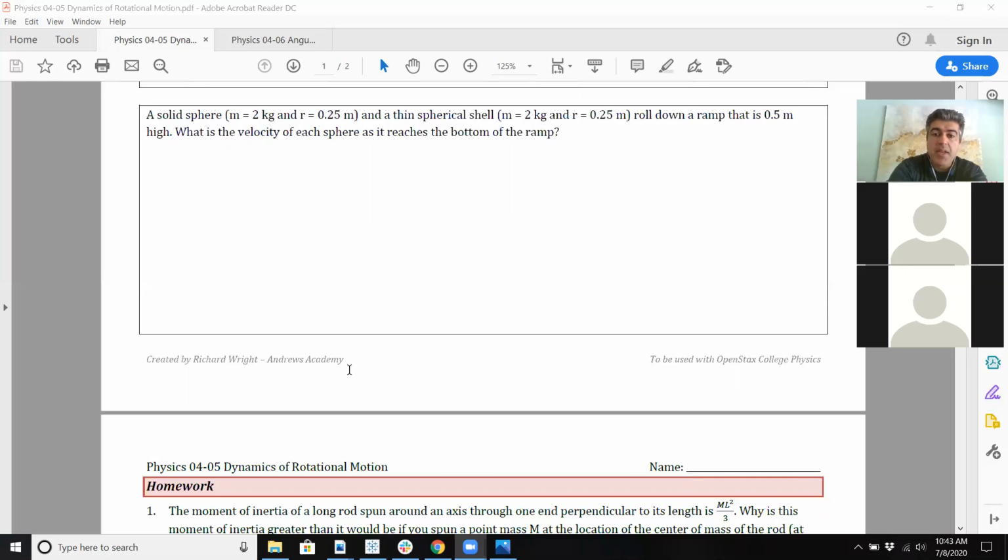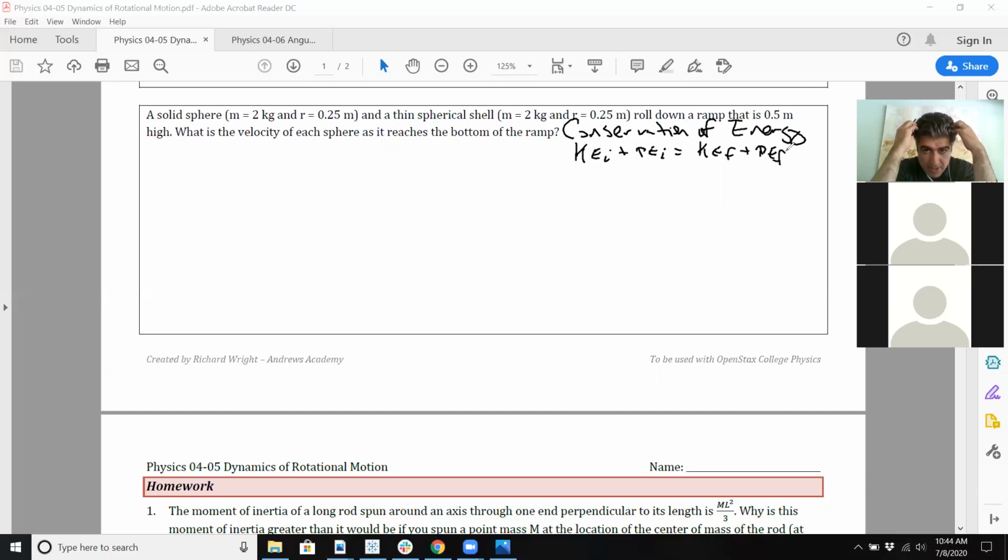So we're going to have to be using conservation of energy. Remember conservation of energy, KE initial plus PE initial equals KE final plus PE final. So we know this, right?